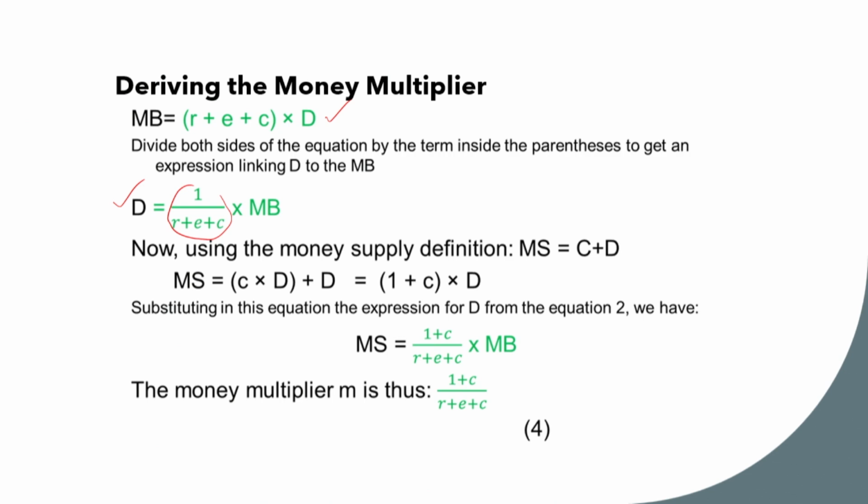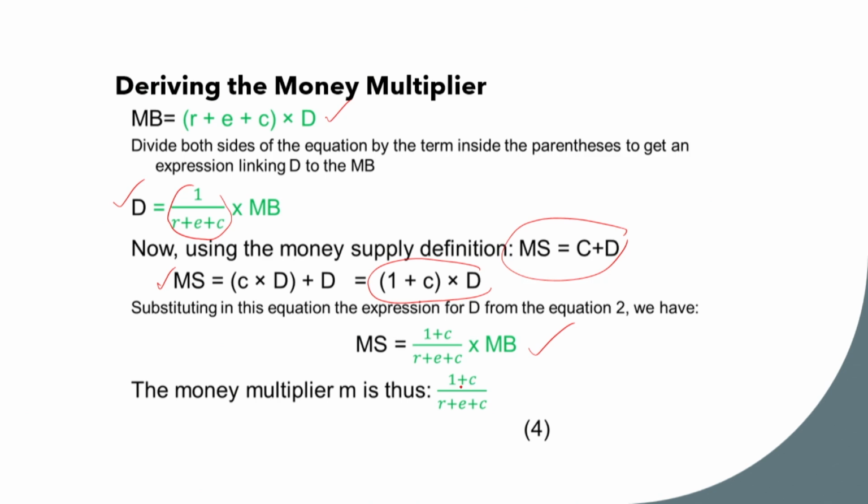Then using the money supply definition, C times D plus D is equal to this. So substituting in this equation the expression for D from equation 2, we have MS equal to (1 plus C) divided by (RR plus ER plus C) times MB.